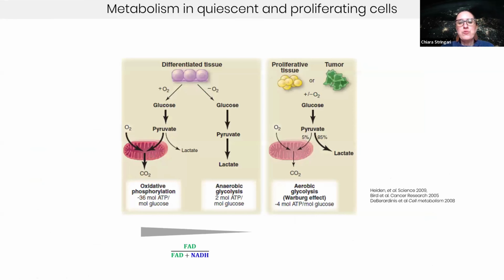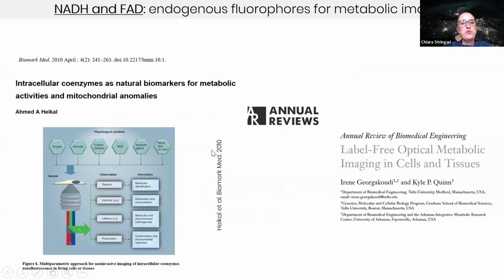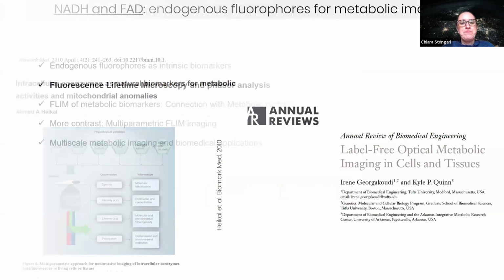So by looking at these two biomarkers and the intensity redox ratio, as I said, we can have a first evaluation of how important oxidative phosphorylation and respiration in the mitochondria are with respect to glycolysis in cells and tissues. Here I just want to point out some very nice reviews covering the intrinsic biomarkers in tissues if you want to know more.